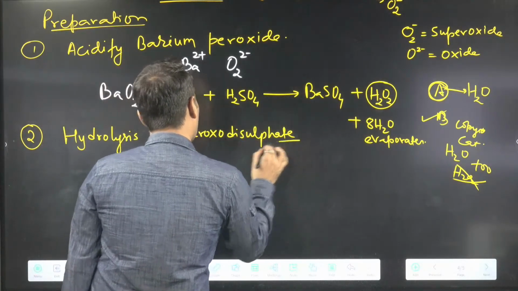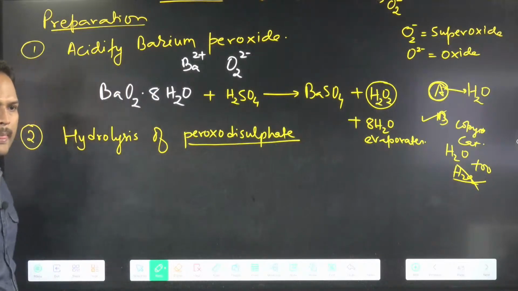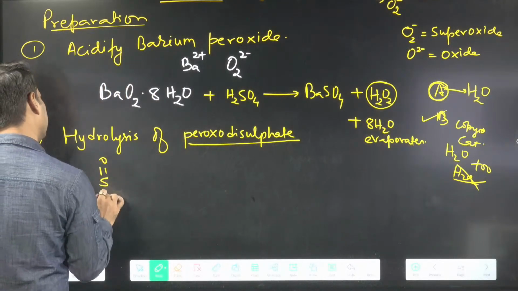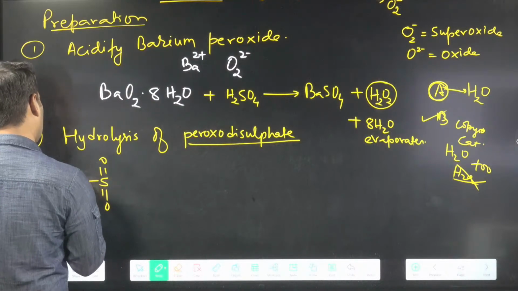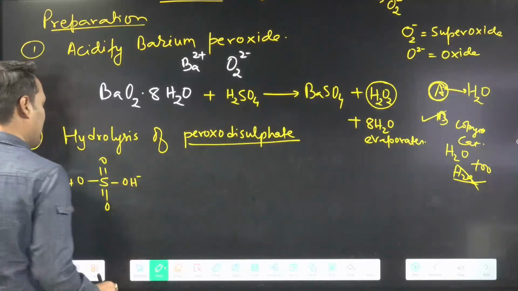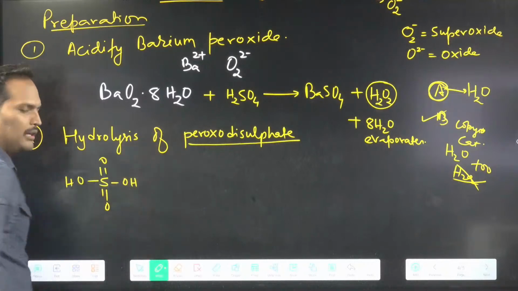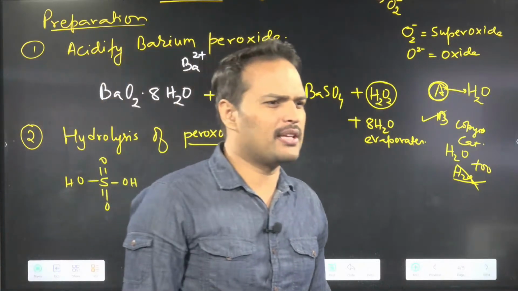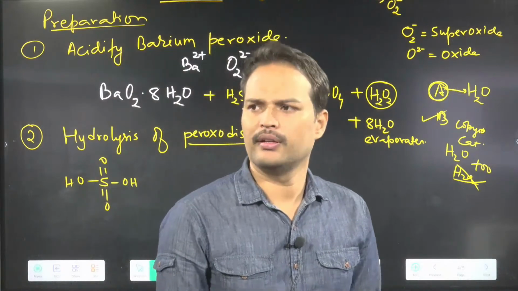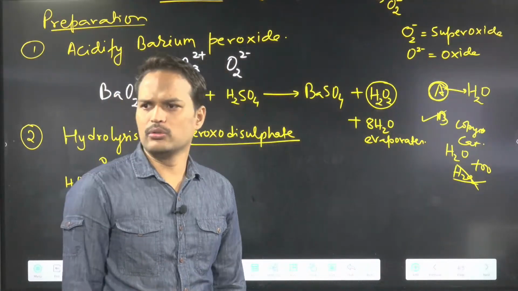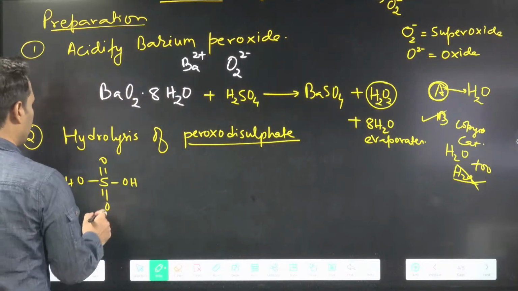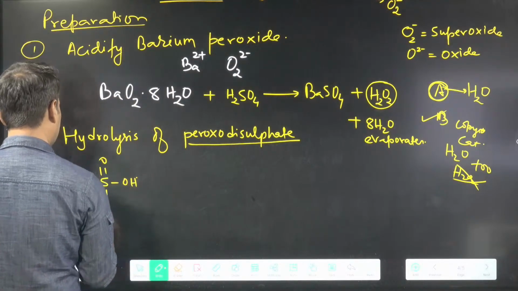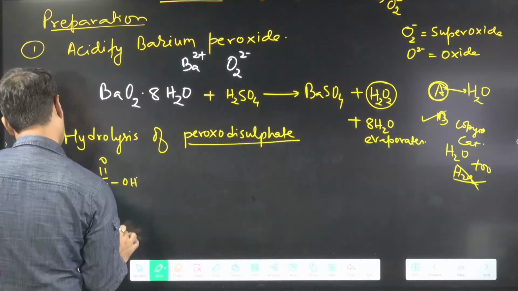Now the question is, what is this peroxodisulfate? We don't have to panic. You know sulfuric acid, H2SO4. Remove one H plus and what you will get is HSO4 minus.